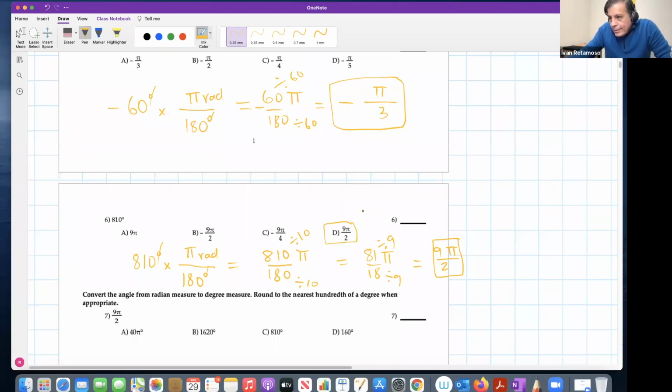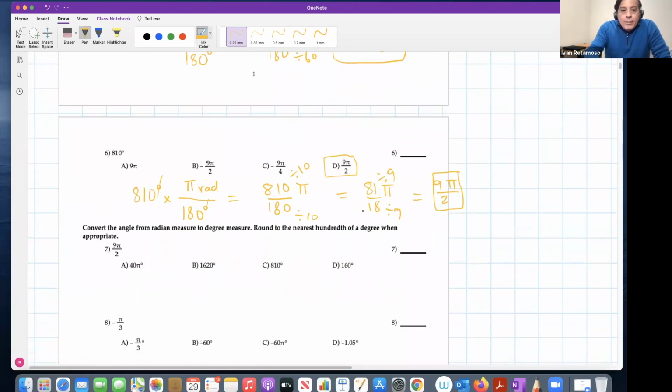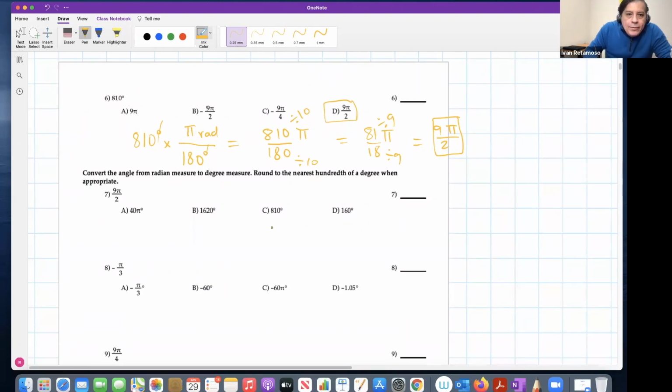So next, let's continue. What about doing this in reverse? What if they give you the angle in radians, 9 pi over 2, and they want this angle in degrees? Well, you do kind of the opposite. I'm going to do it in reverse: pi radians on the bottom, 180 degrees on the top, because we're going to output degrees and want to eliminate radians.